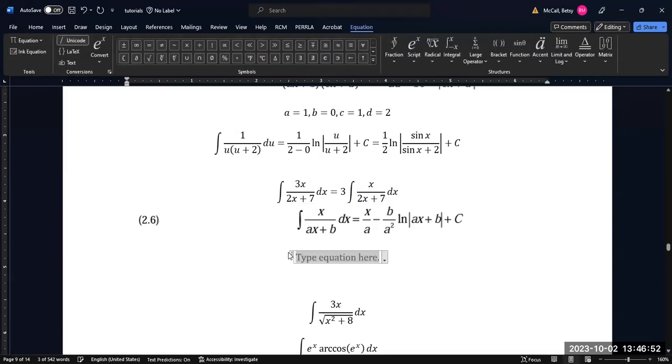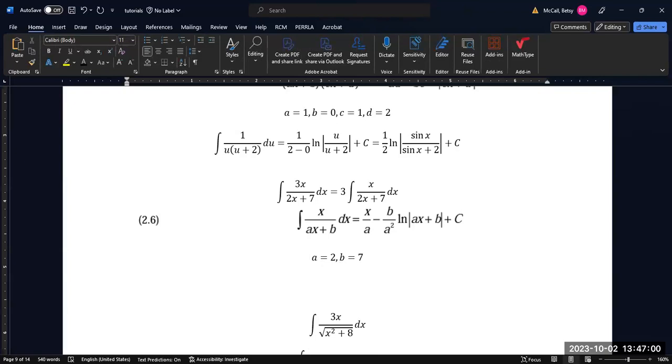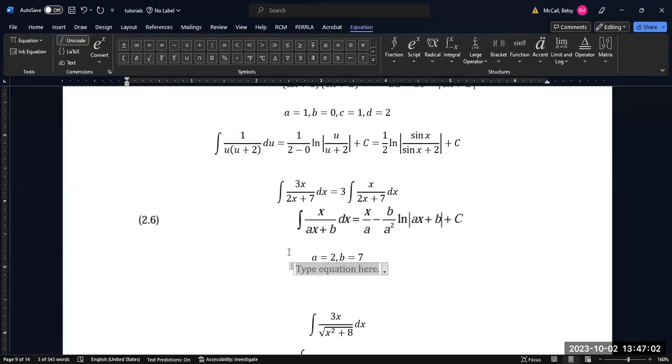And then I need to identify that for my formula, A is equal to 2 and B is equal to 7. And I have my 3 on the outside, which I can't forget.